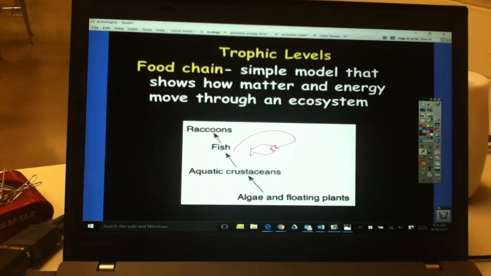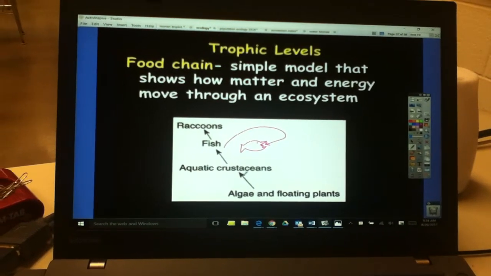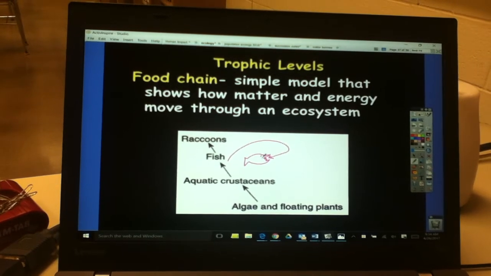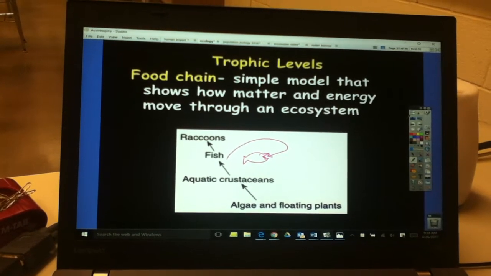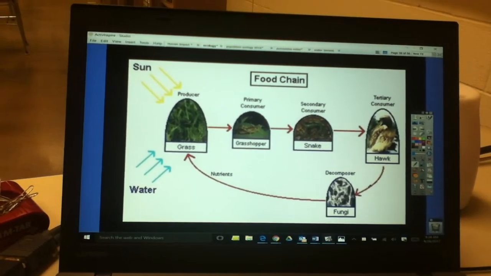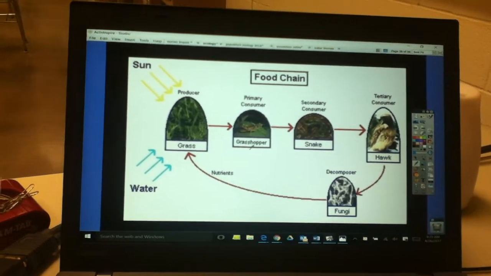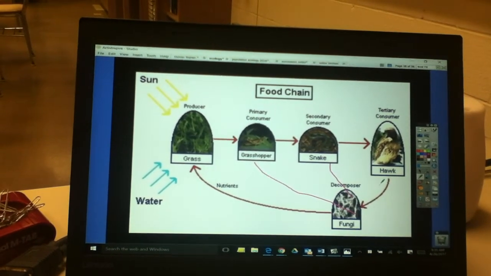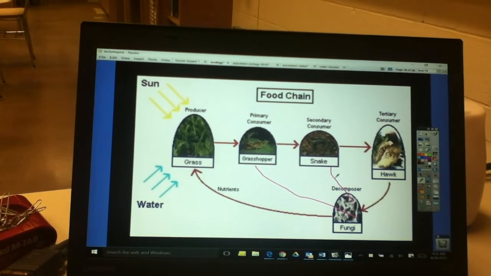Energy is decreasing. This is a good example of a food chain, and remember I said that the arrow is always pointing to the thing doing the eating. And then at any point, these guys can die and be decomposed back into the ecosystem.